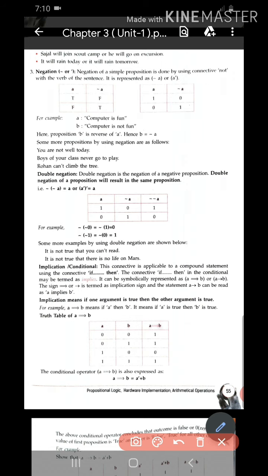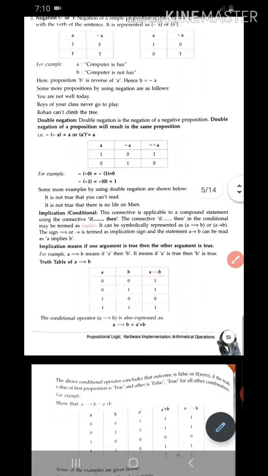If we are having double negation, say the value of A is 1 0, then the negation of A is 0 1, just the opposite of that. In the negation, if we are having double negation, then the negation is cancelled. Then again we are getting 1 0. It indicates both are the same. In this way we have to create our truth table.